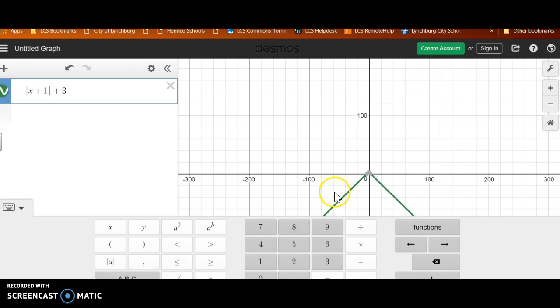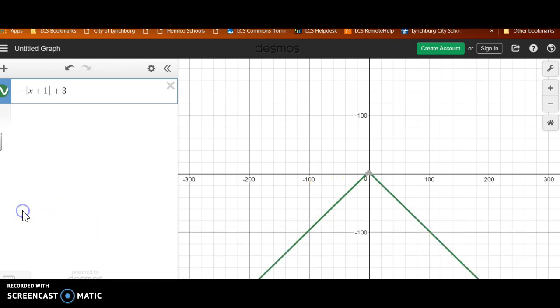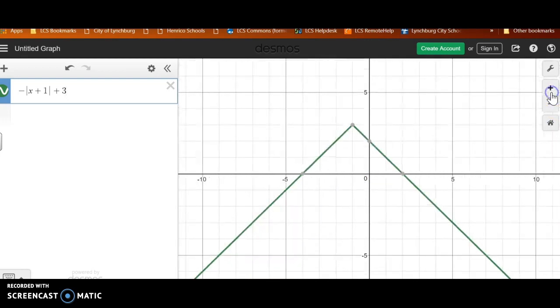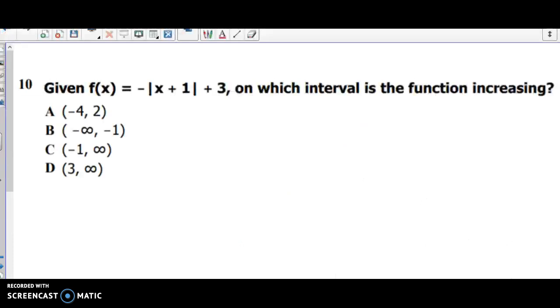So at what point is this graph, we wanted to know, increasing from, it's as far down as we can get to here, which is located, let me zoom in a little bit more so we know exactly what our numbers are. So it increases until we get to -1, right? So from -infinity to -1, our graph is increasing.